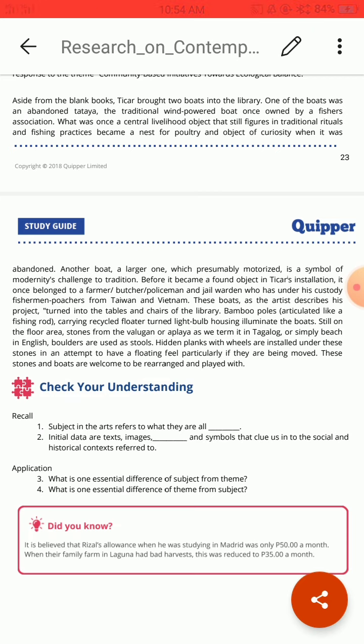Still on the floor area, stones from a balugan or a playa as we term it in Tagalog, or simply beach in English. Boulders are used as tools. Hidden planks with wheels are installed under these stones in an attempt to have a floating feel, particularly if they are being moved.